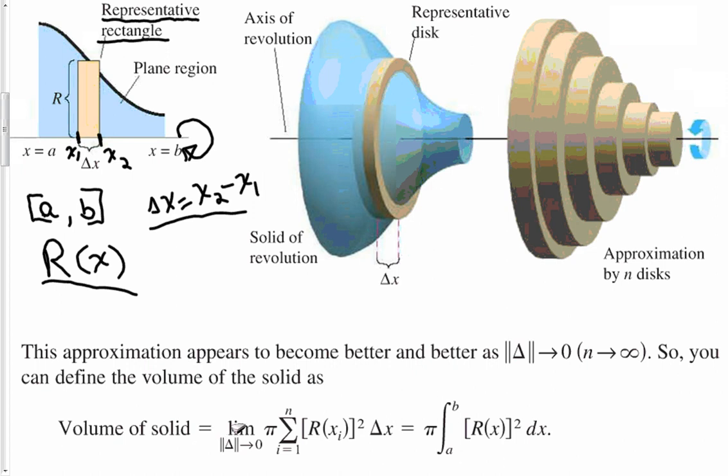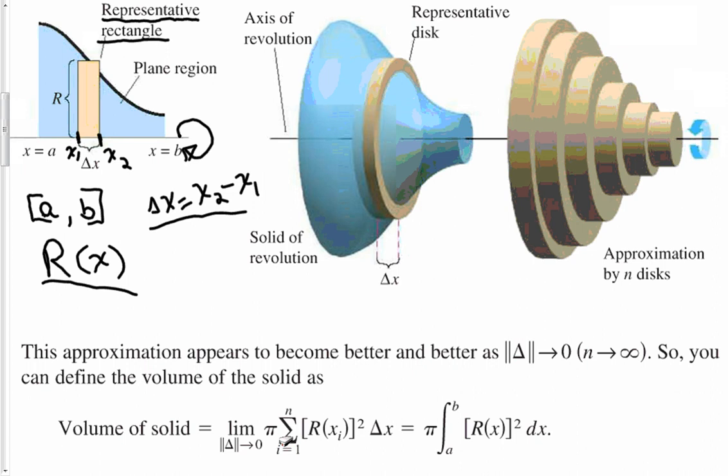Well, the limit as the width of each disk goes to 0 of pi times the radius squared, which is the volume of each disk, multiplied by delta x. Well, actually, sorry, this is the area. Pi times r squared would be the area, and you multiply it by delta x and you get the volume.